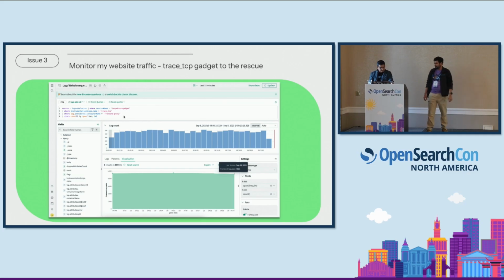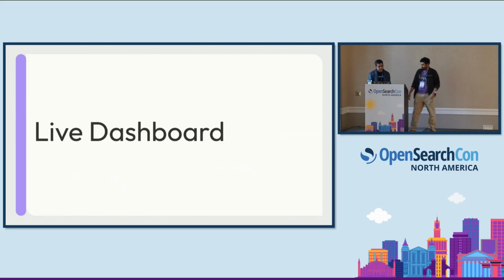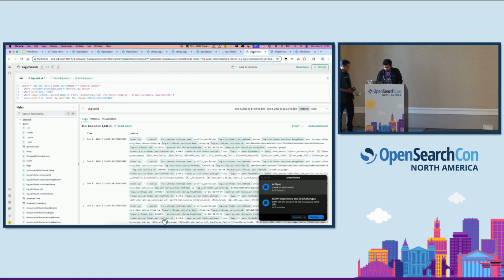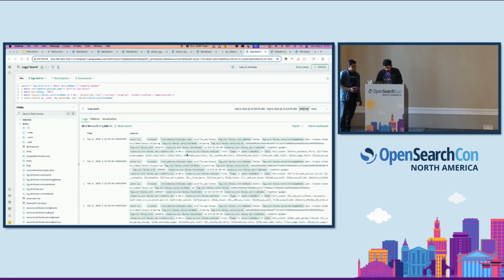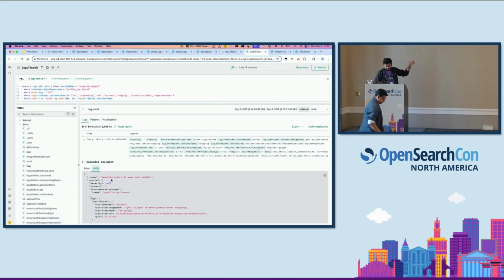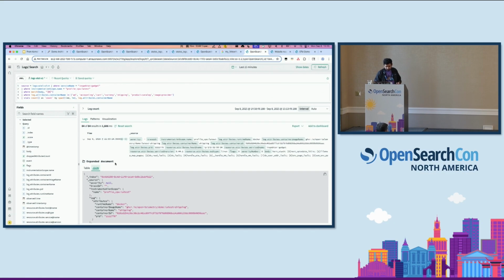Now, let's go to some live dashboards. Here, these are the same commands that I used earlier in my slides, but I'm giving you a live view of the actual JSON output that we see from Inspektor Gadget.